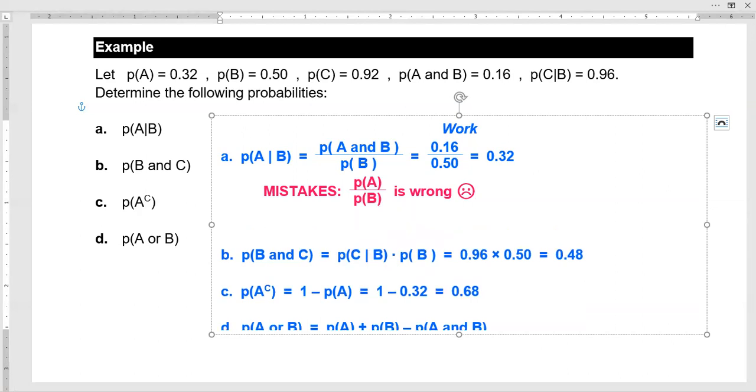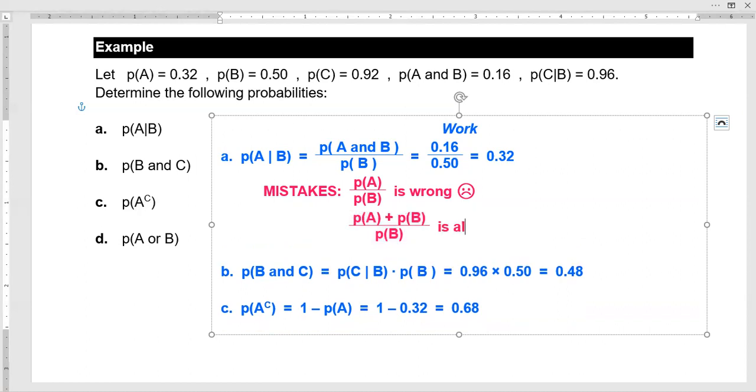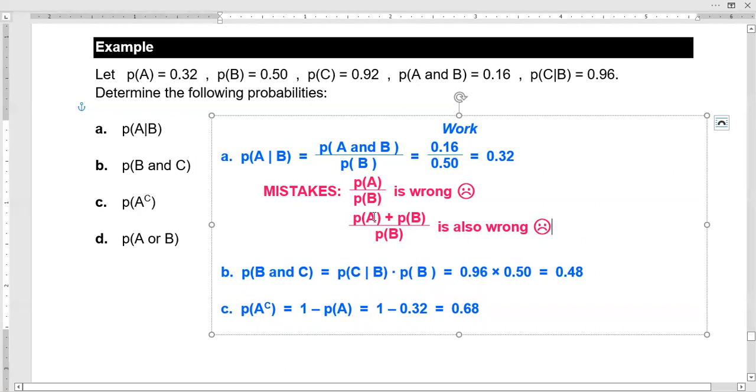The other mistake that's on here is I'll often see something like this. So instead of using an and, I'll often see A and B being added together and then dividing that by B. And what ends up happening is if you do this, you're always going to get something that's bigger than 1, because the probability of B plus the probability of A is going to be bigger than the probability of B, because you're adding B plus A. So you'll get something larger than 1, which you should know right away is wrong because probabilities cannot be bigger than 1.